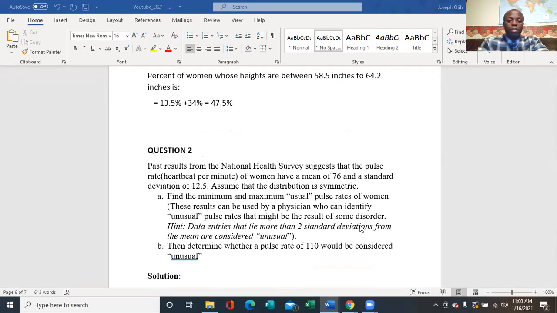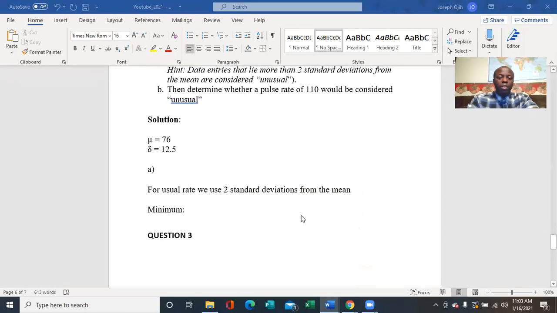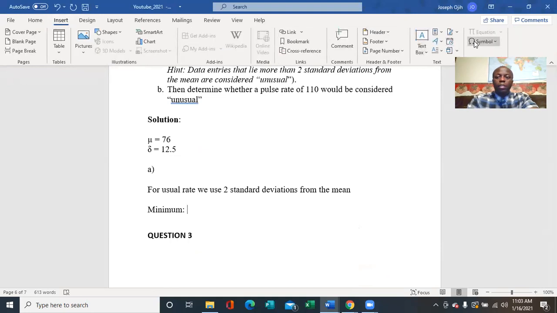So the minimum will be the mean minus 2 times the standard deviation, where our mean is 76, because it says 76 right here, minus 2 times the standard deviation of 12.5.